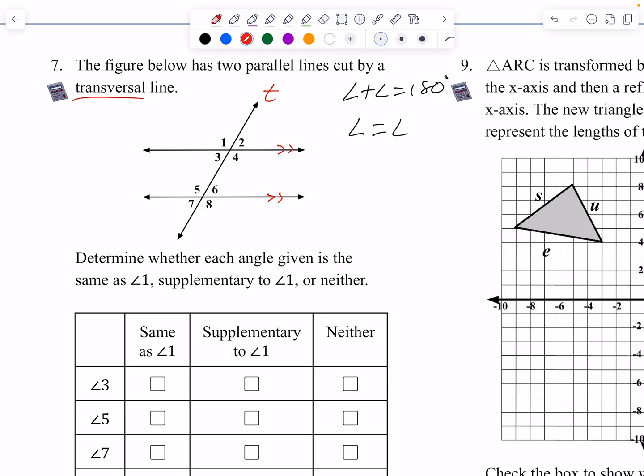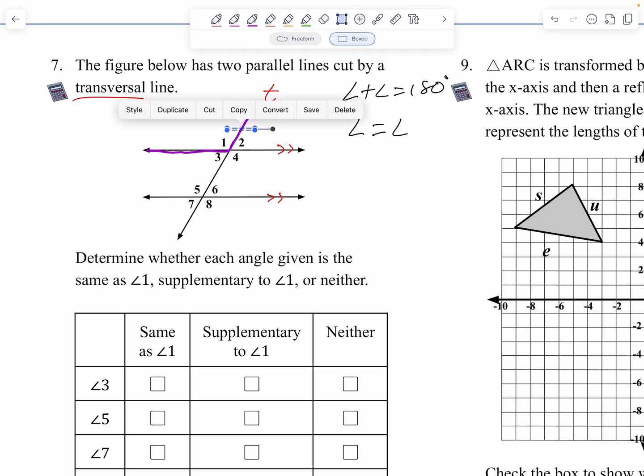So what do I mean by that? Well, can you see that this angle is obtuse? Now, if you look at it, can you tell that that's also this angle right here?